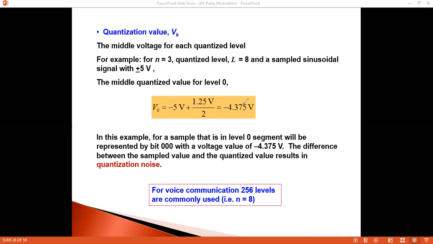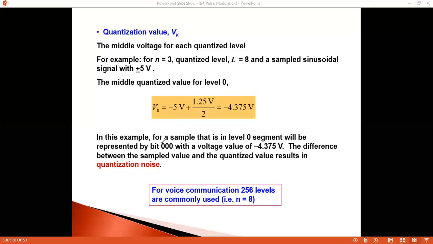Okay, so we talk about the quantization voltage. So this is the last term under quantization that you were introduced to. So in this example, our quantized voltage of the lowest level is equal to minus 4.375.